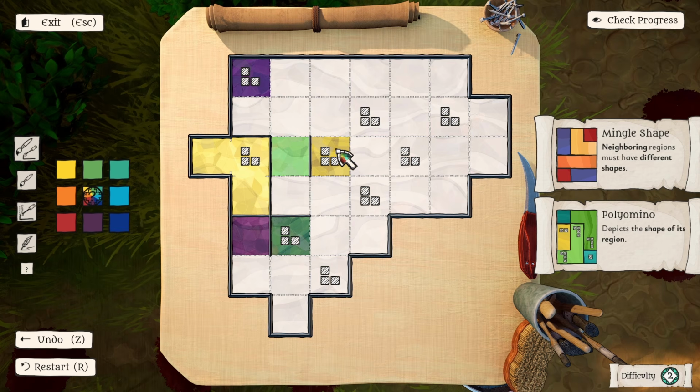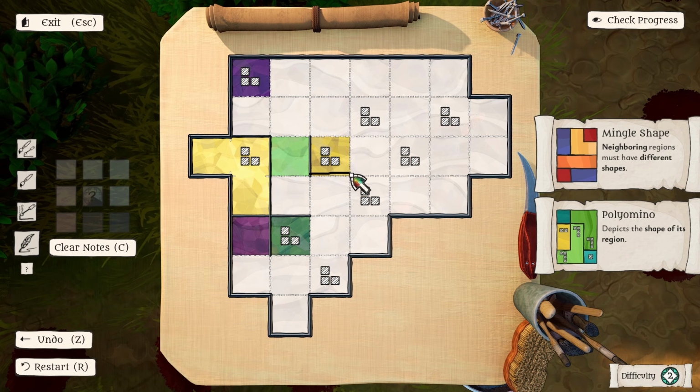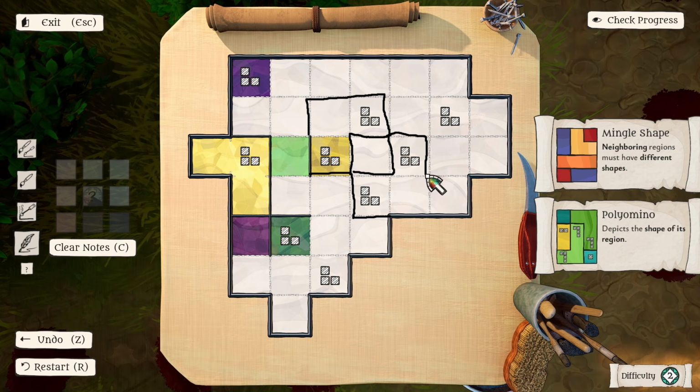This could go up and take that one, which would be like that. And then this one would probably do that. And then we could have another one there.